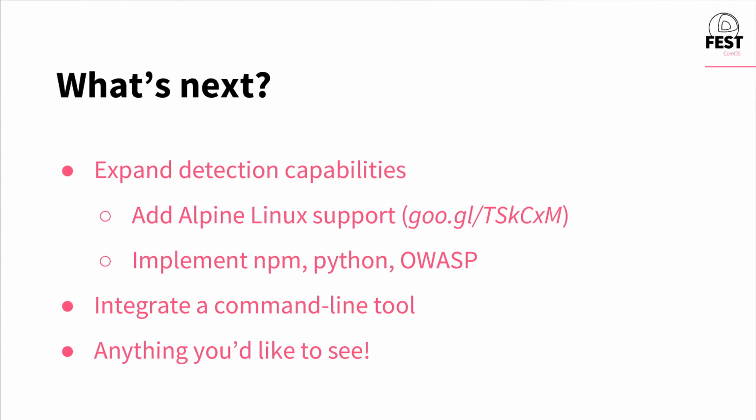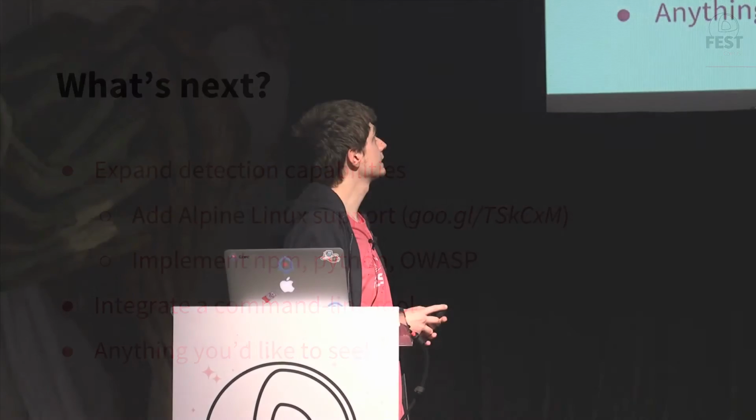So for the next releases of Clair, we would like to extend detection capabilities. This is, for instance, adding Alpine Linux support, which is very important to us, but they don't currently have a machine-readable vulnerability database, so this is not easy to do. We would like to implement other stuff like NPM or Python, OWASP.